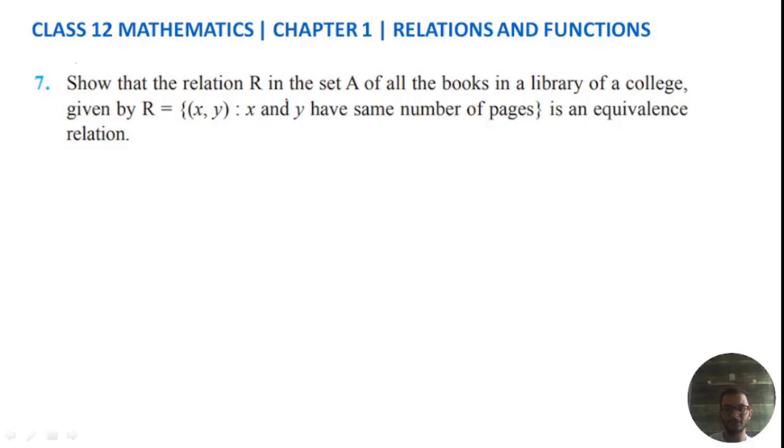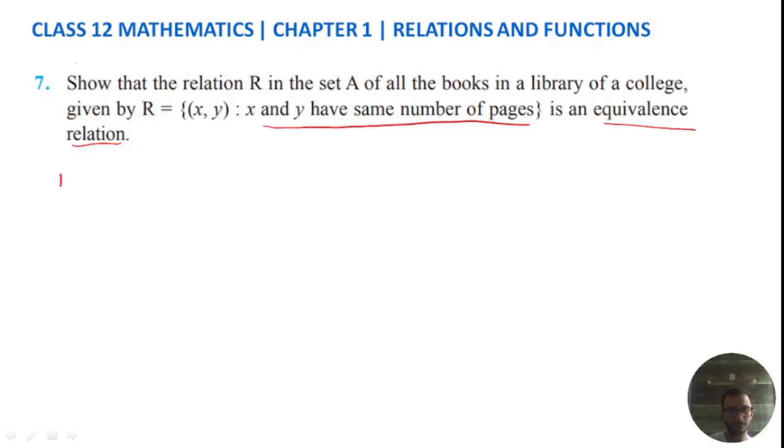The relation R in the set A of all books in the library of a college is given as containing pairs x comma y such that x and y have the same number of pages. We have to show this relation is an equivalence relation. Again, same process. For an equivalence relation you will have to show reflexive, symmetric and transitive.